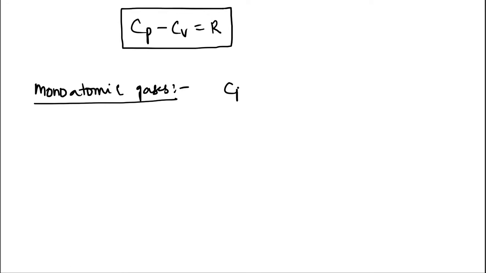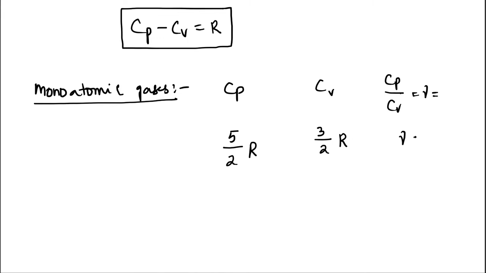The ratio Cp over Cv is known as gamma. Let's see. For monoatomic gases, Cp is 5 over 2 R and Cv is 3 over 2 R. And what is the gamma here? 5R over 2 divided by 3R over 2. That gives you 5 over 3, that is 1.66.